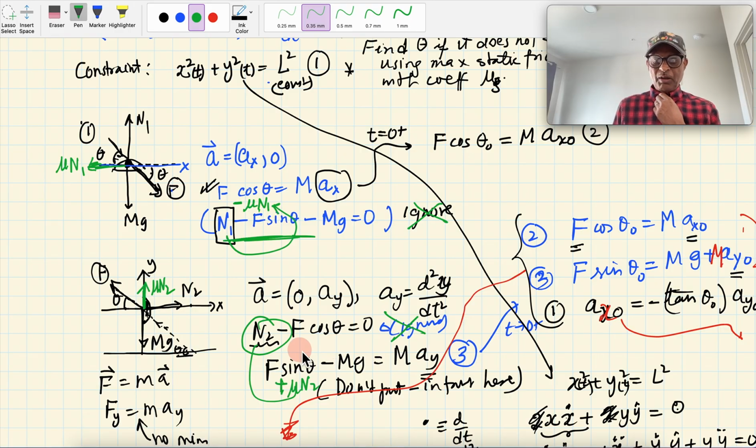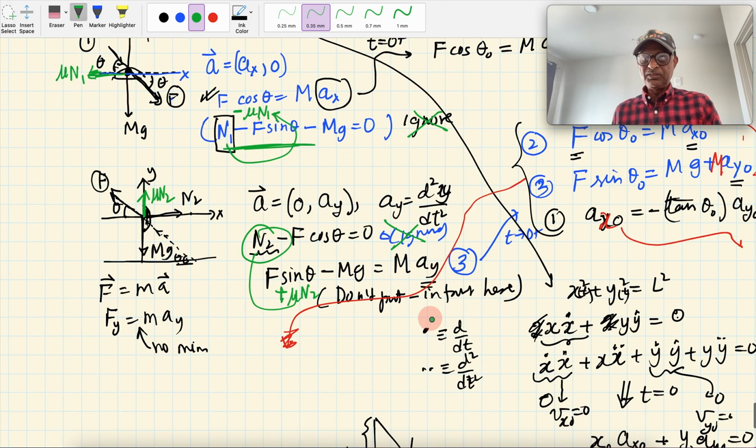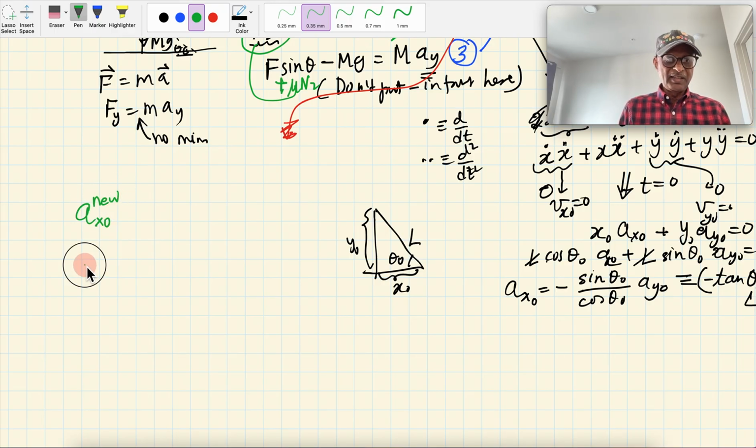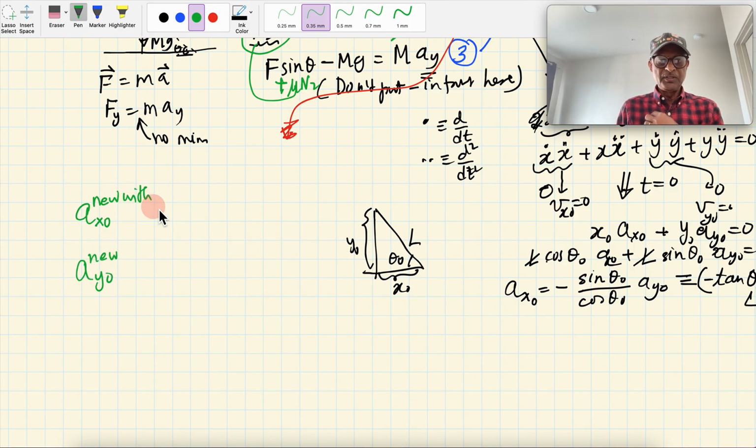I think this is a good problem for you to work out. I'm not going to do all the algebra with kinetic friction, but the answer would be pretty interesting. Suppose we get a x0 with mu and a y0 with mu.